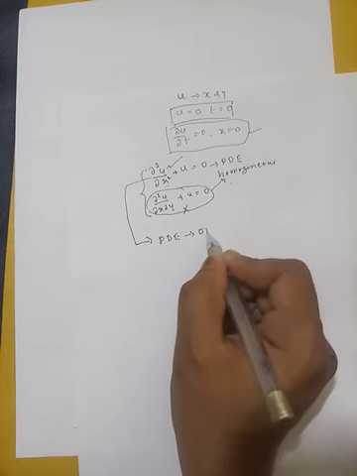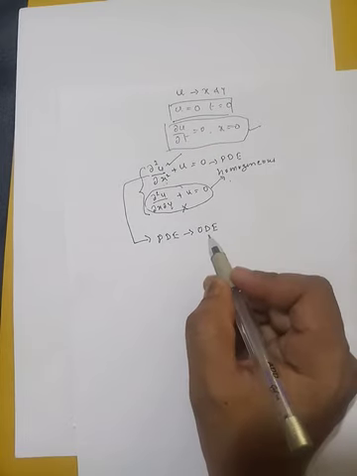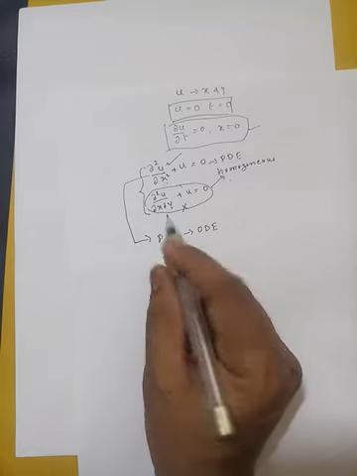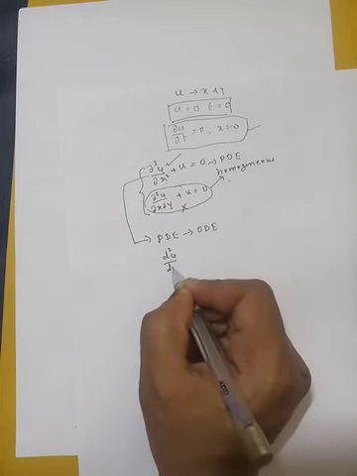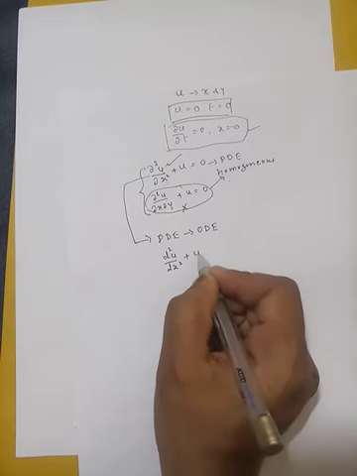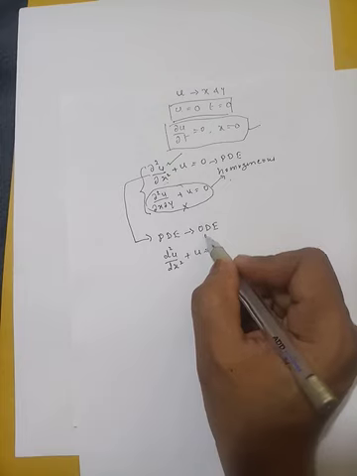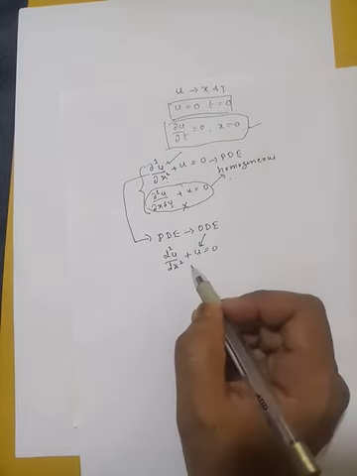We convert the partial differential equation to an ordinary differential equation, that is, del square u by del x square becomes d square u by dx square plus u equal to 0. So now this becomes an ODE, and this ODE we solve.